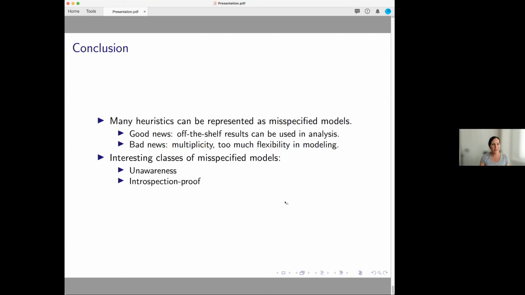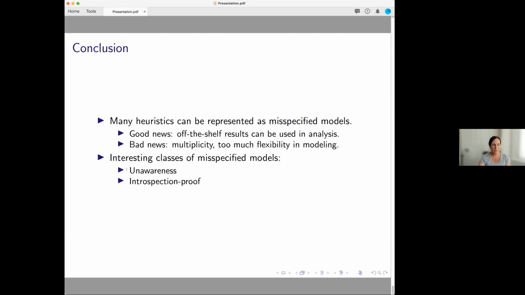Depending on the context you're looking at, you may want to use one or the other. Introspection proofness is something that's been discussed a bit in the literature in terms of whether agents will see zero probability events if they have this model versus not. Some papers maintain it, some don't.